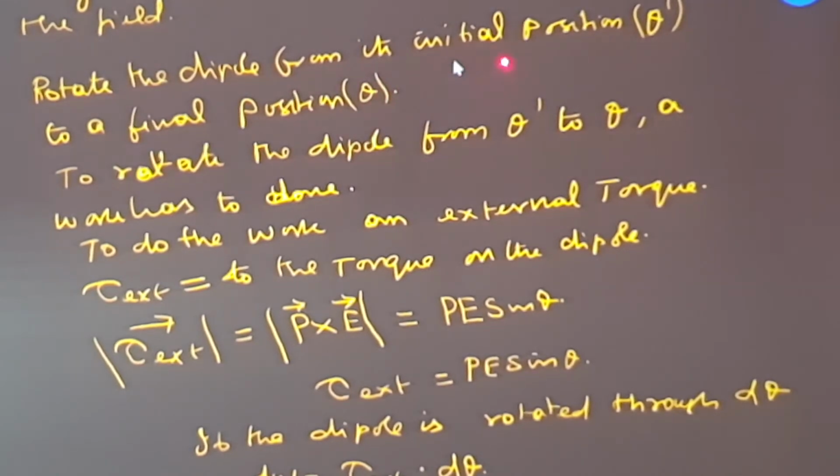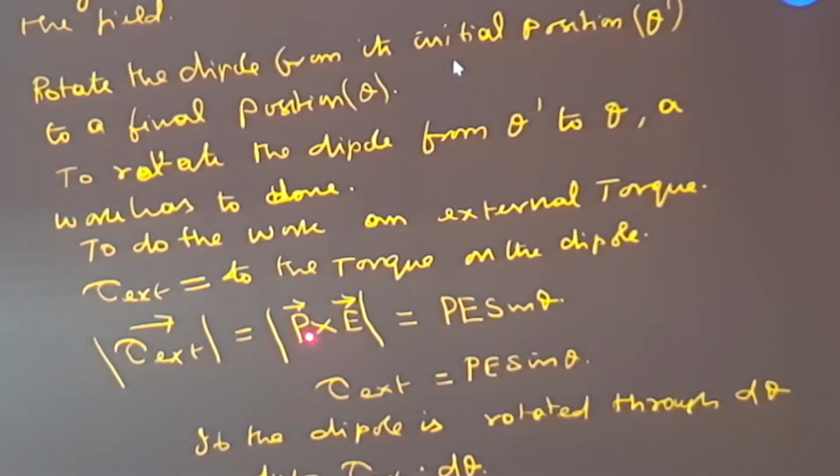If you want to rotate it from one position to another, we have to do work. For doing work, we need an external torque. That external torque applied on the dipole should be equal to the torque produced on it.